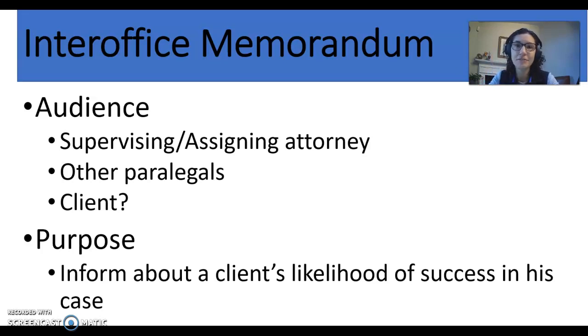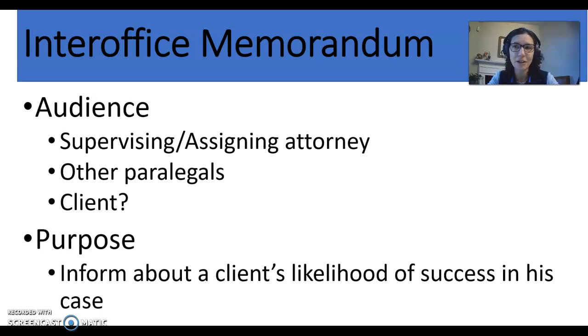The audience of the Interoffice Memorandum is internal. It is a document that is assigned to you, the paralegal, or to another attorney, usually from a supervising or senior attorney. And so we write the Interoffice Memorandum to that assigning attorney.